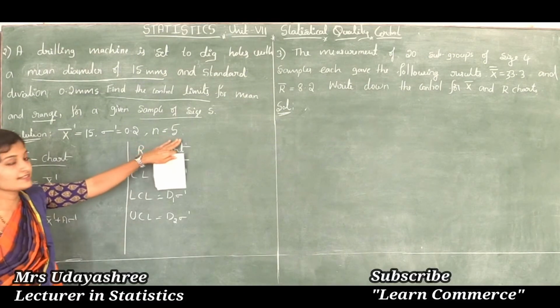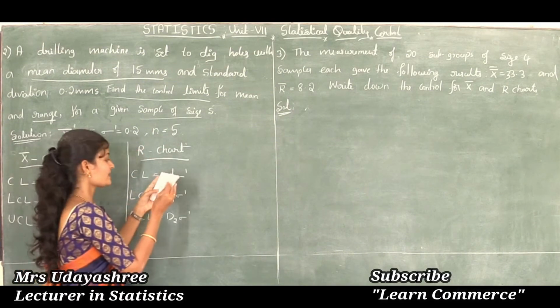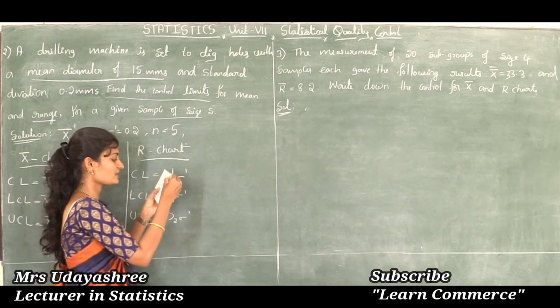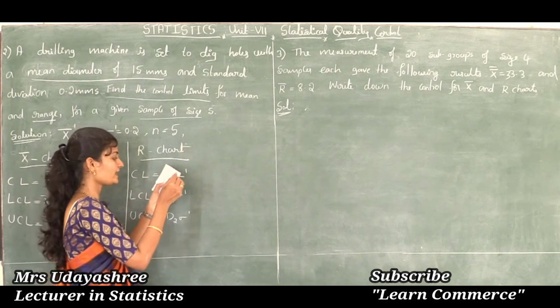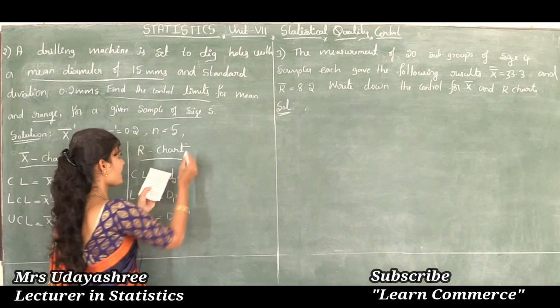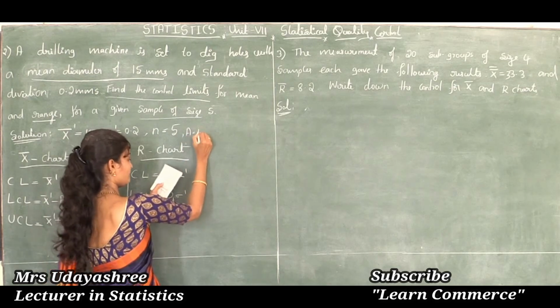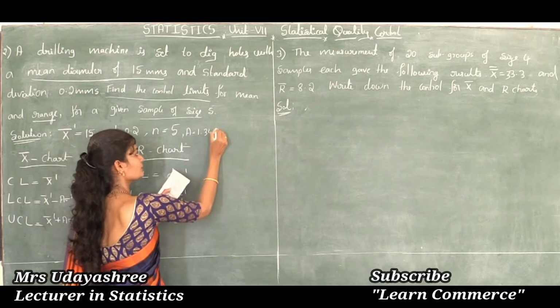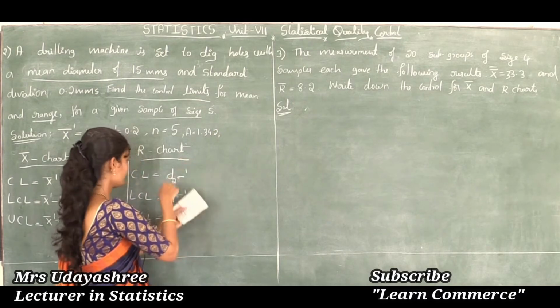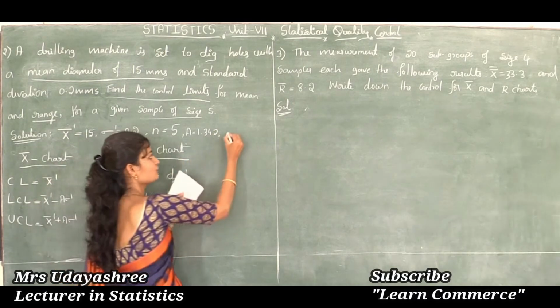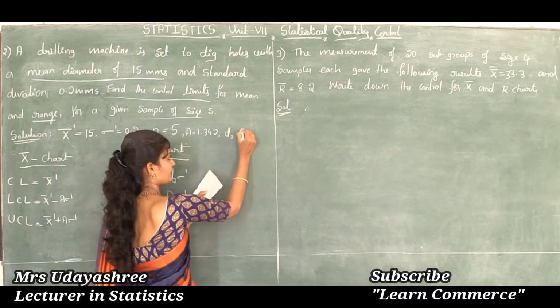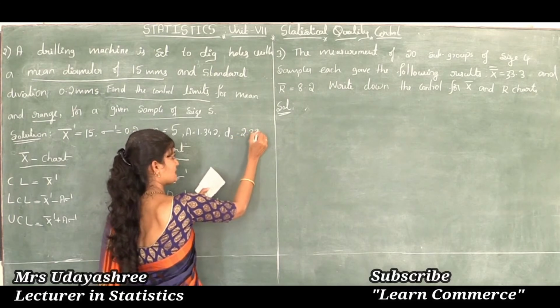See, here sample size is 5. In this case the statistical constant values are like this. Here we need A, correct? That A value is 1.342. Next we need d2 value, so here d2 value is 2.326.